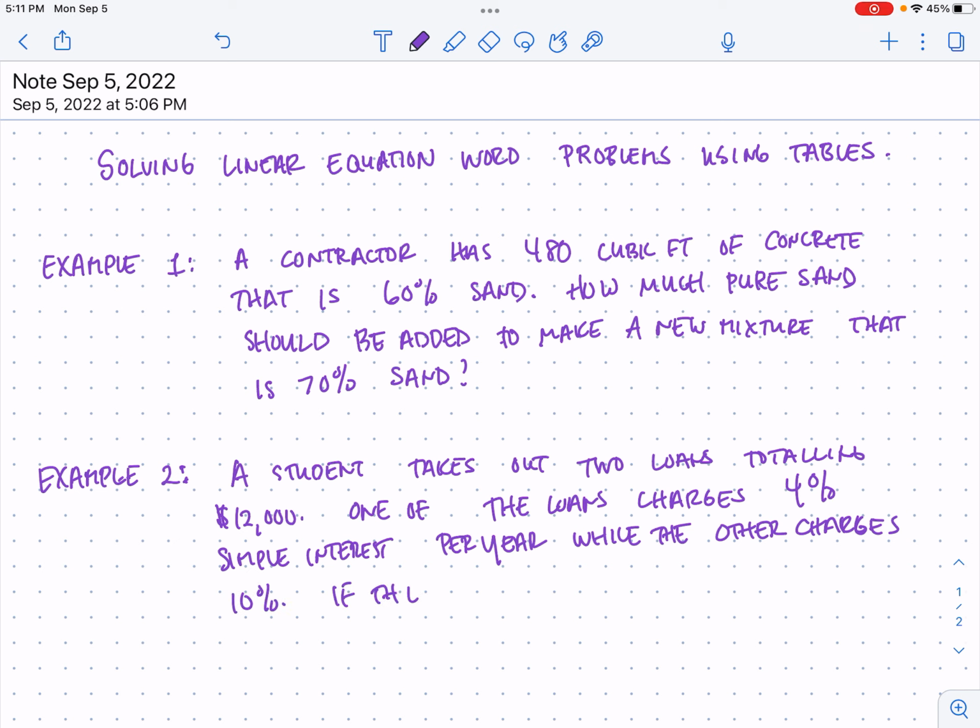If the total interest in 1 year is $1,080, how much was borrowed for each loan?